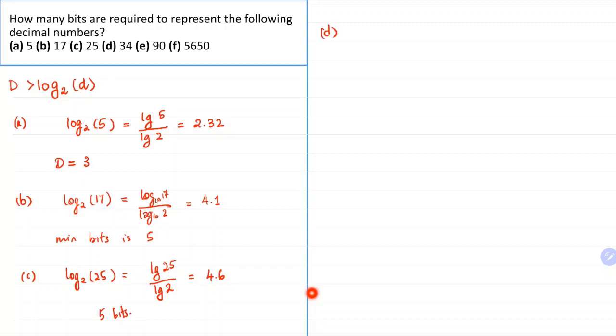Then D is 34. So log 2 of 34. That will be 5.1. So we need a minimum of 6 bits.